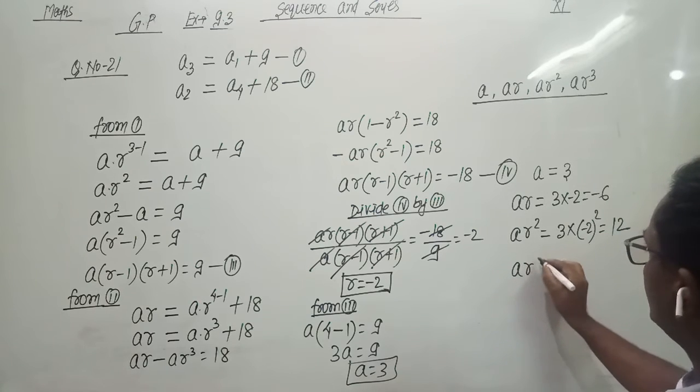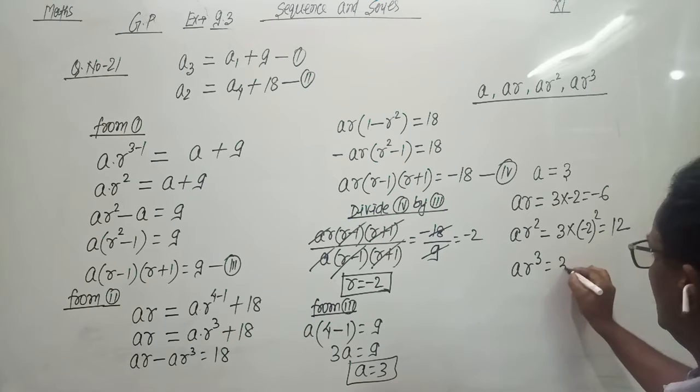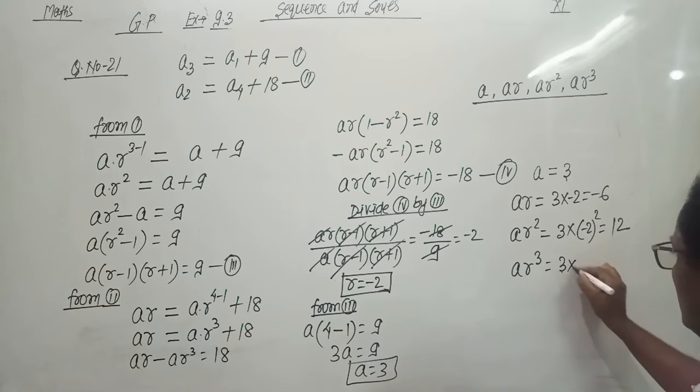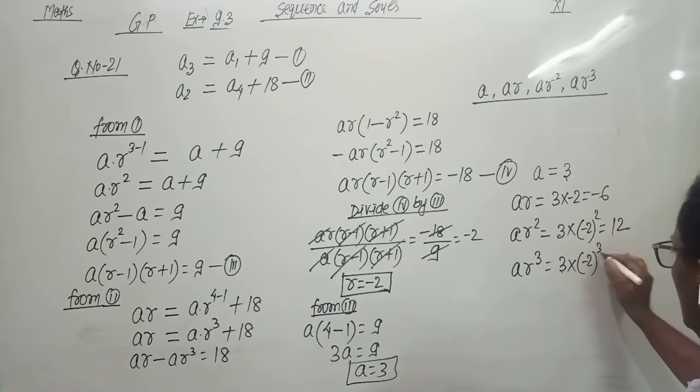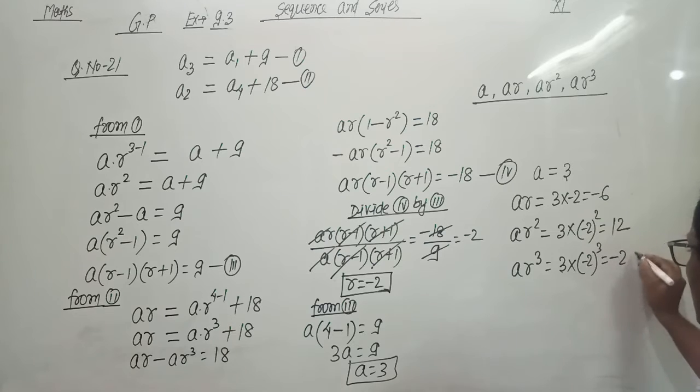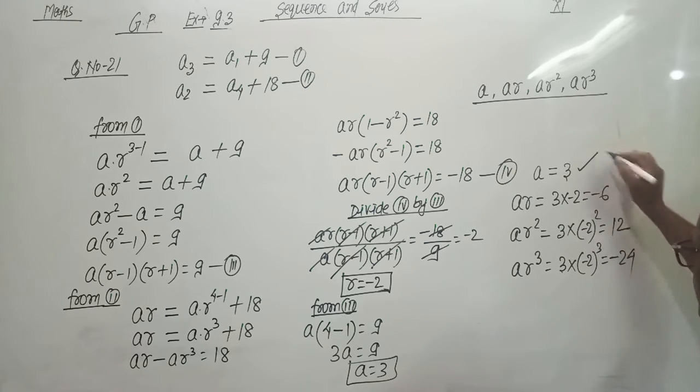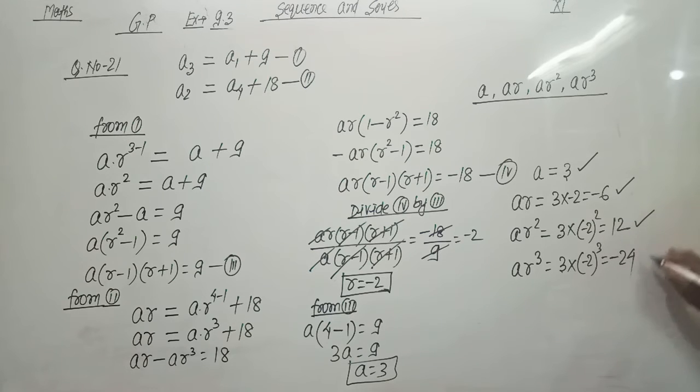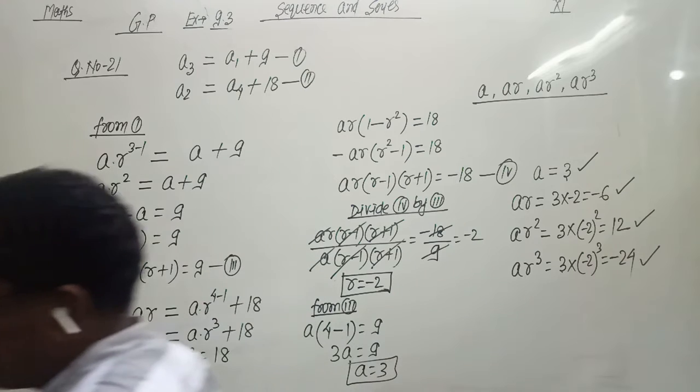And the fourth term is A r³, so 3 into (−2) the whole cube, −8 into 3, −24. So the first term is 3, the second term is −6, the third term is 12, and the fourth term is −24.